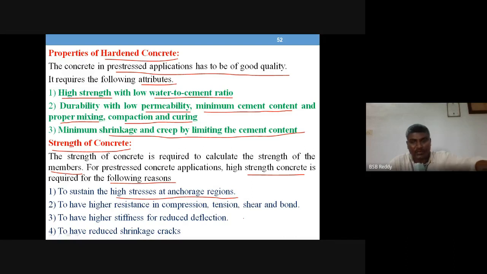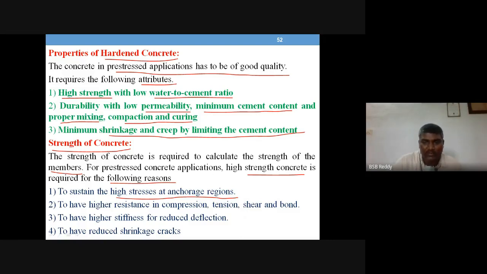So these two end regions are very crucial, where a high amount of stress is transferred and propagates into the concrete.